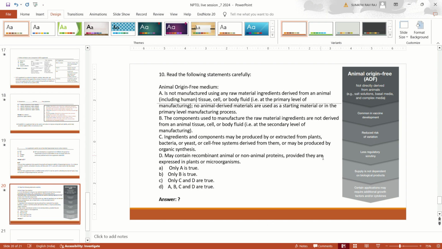Okay, then we should also know it reduces the risk of variation. Less regulatory scrutiny is done for this, whether ethical regulation or any sort of regulation. Supply is not dependent on biological products. Certain applications may require additional growth factors or cytokines. So based on all these things, we can decide what components could be appropriate for this media and what components are not.